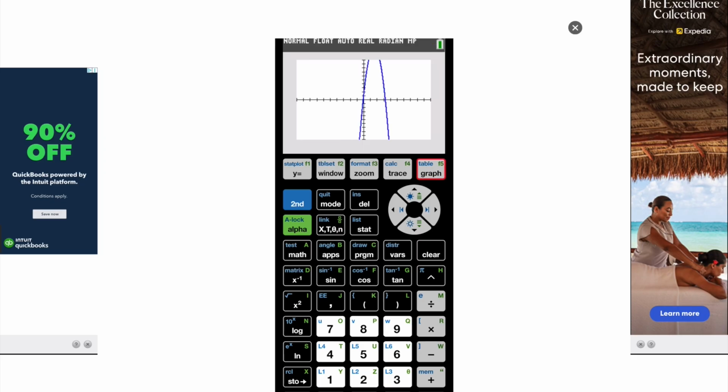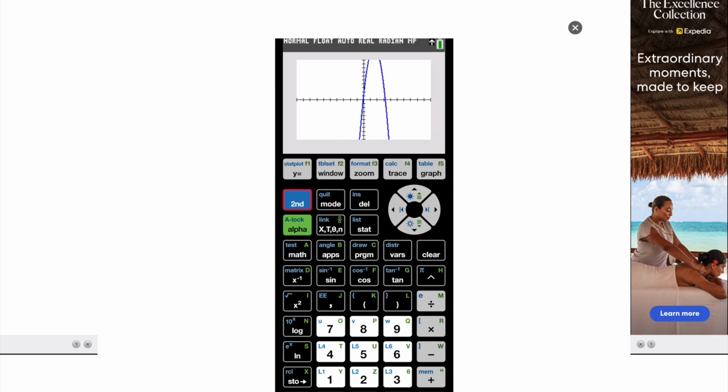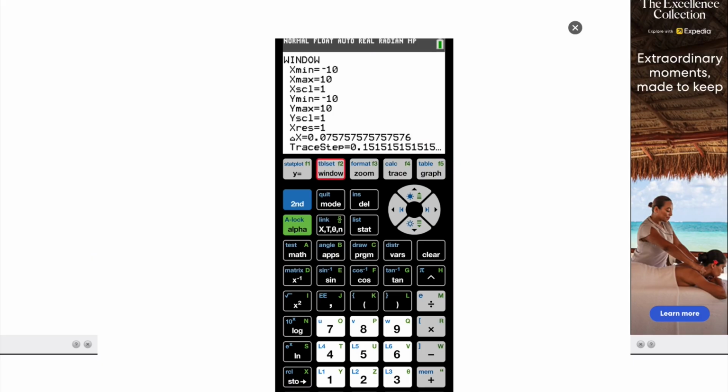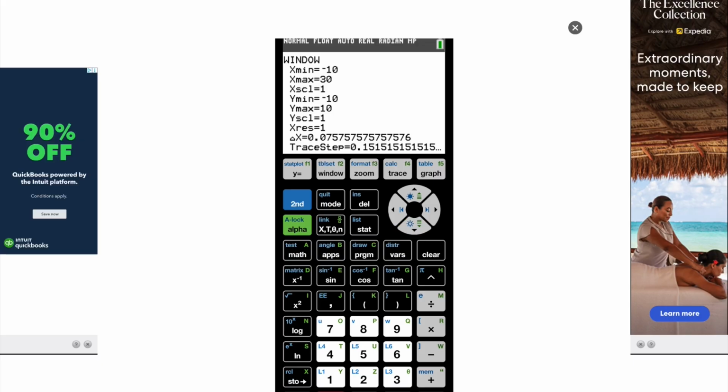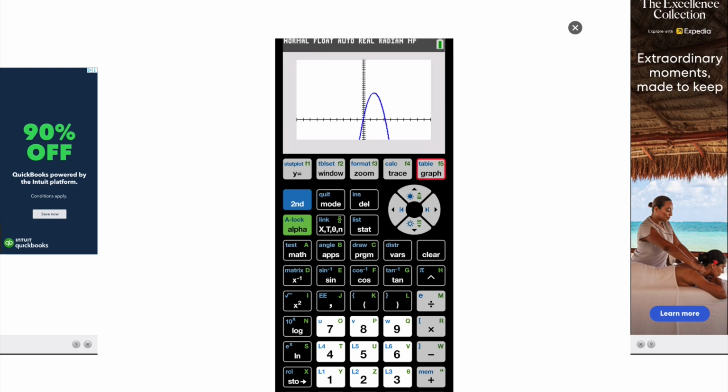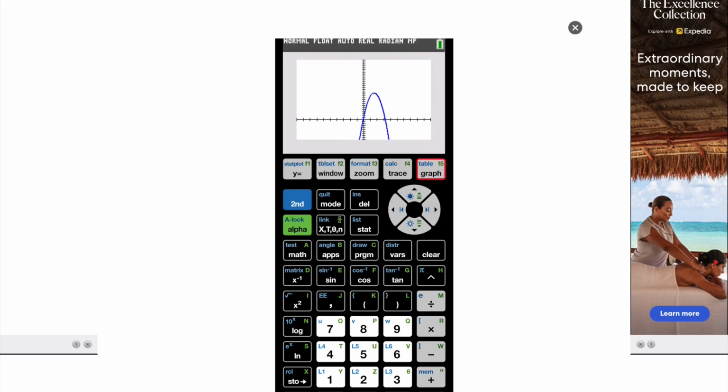This is what it looks like. I'm going to change my window setting here. I'm going to say x is 30 and then y is 30 as well. Actually, x can just be 10. Let's graph it.